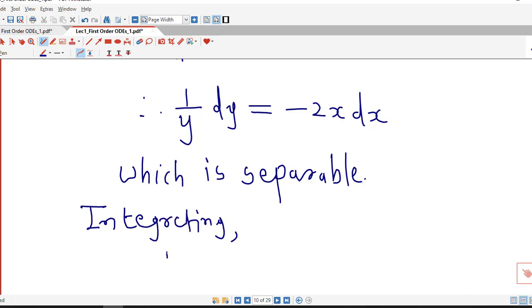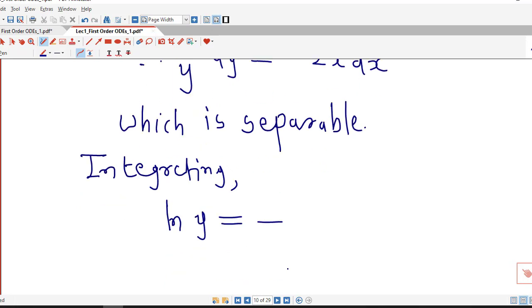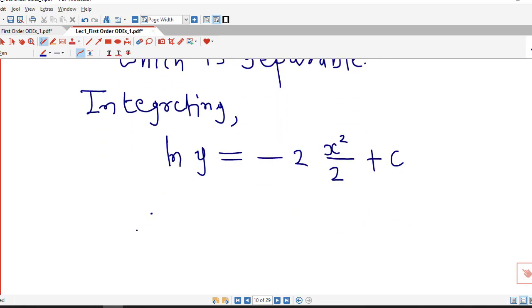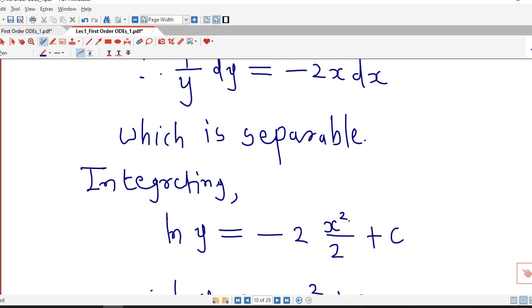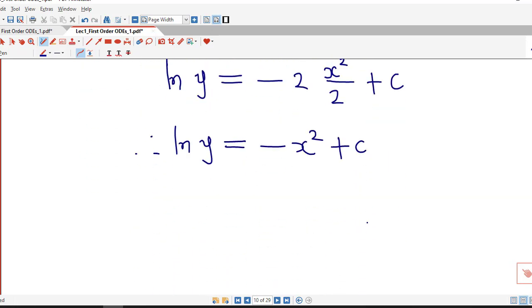Integrating, integral of 1 by y is ln y, minus 2 is constant, integral of x is x square by 2 plus c. C is integration constant or constant of integration. So this is minus x square plus c. These two will cancel out.